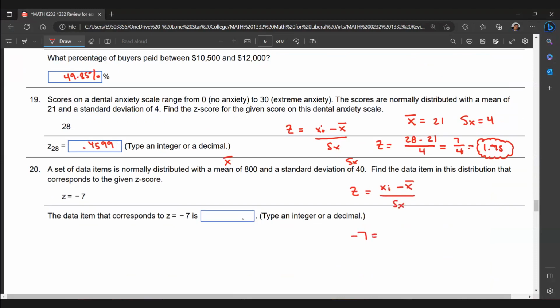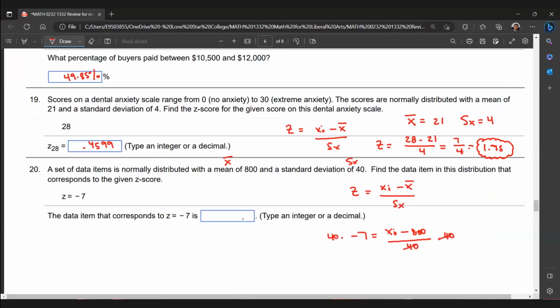So we're looking for the data score minus the mean, which is 100, and the standard deviation is 40. In this case, we're going to multiply by 40 on both sides because this 40 will go away.